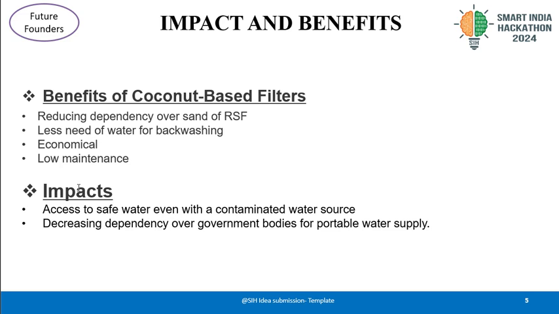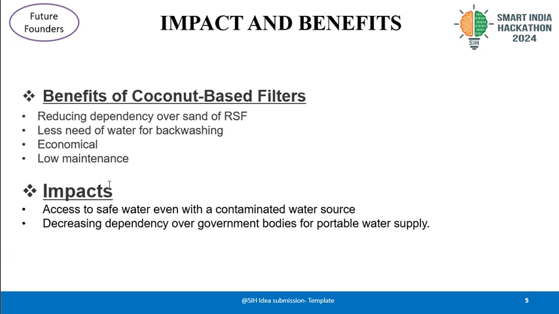Other than pre-treatment, no other huge treatments are required in this filter, thus making this type of filter low maintenance. Fifth, in addition to all these points, the filter can be used in rural areas where there is a lack of water treatment plants and unavailability of clean water. Therefore, coconut-based filters can be used at local levels too.